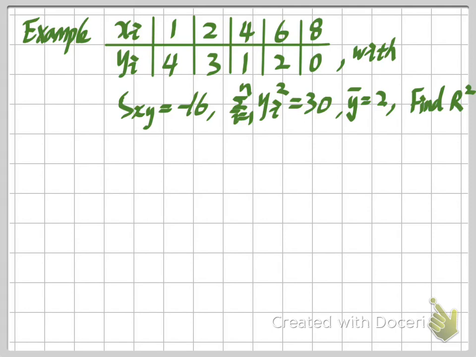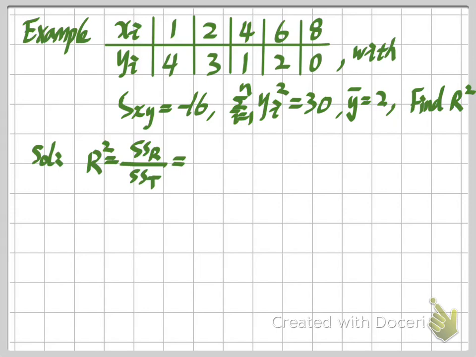To find the R square, one way is to exactly follow our table or the formula before. We compute our SSR for the numerator and SST for the denominator. For both of them, we need the estimator y hat.